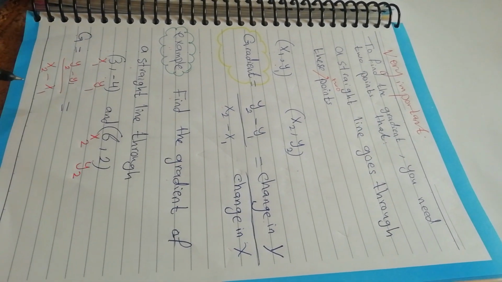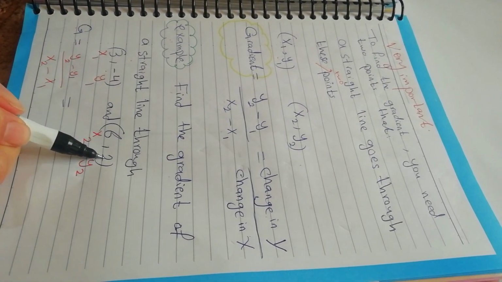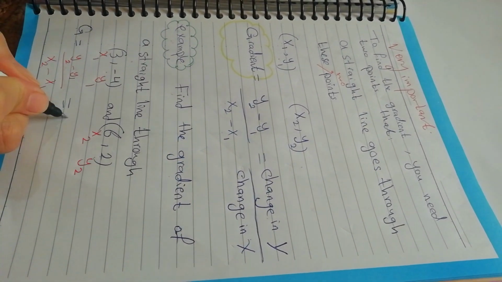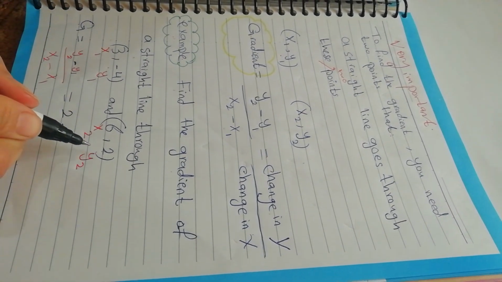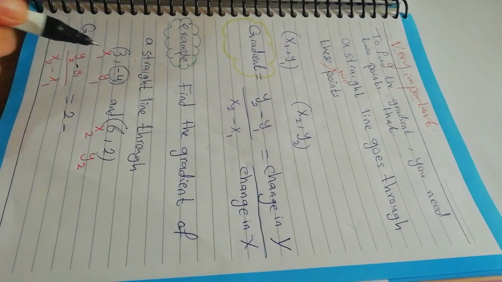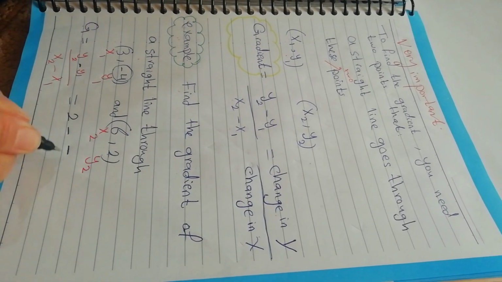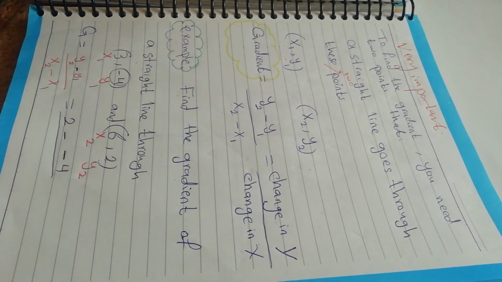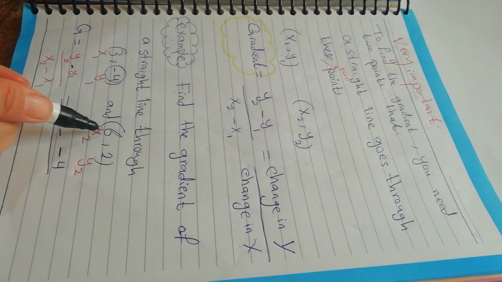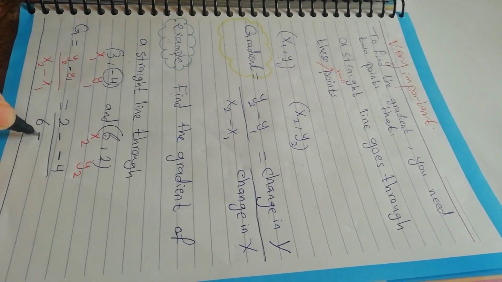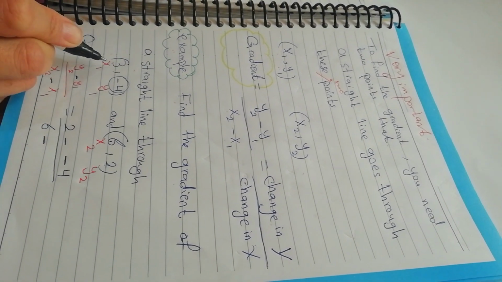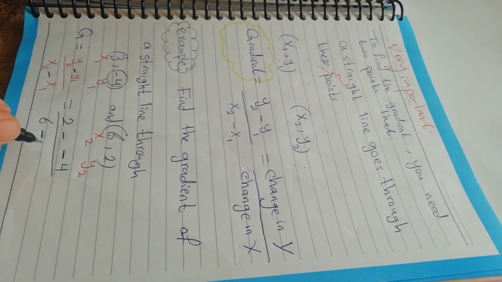Just substitute y2, which is 2, minus y1, which is -4, divided by x2, which is 6, minus x1, which is 3.